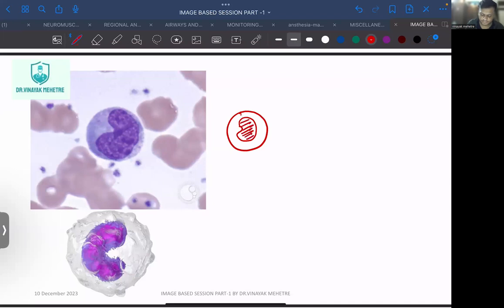Kidney shape. We call this a monocyte. Yes, it is called monocytes, right?